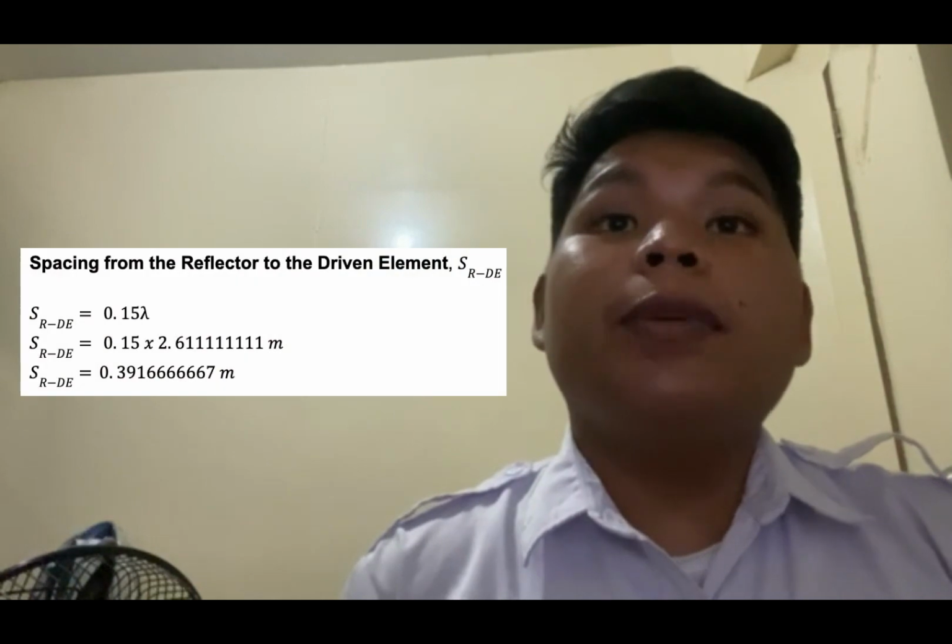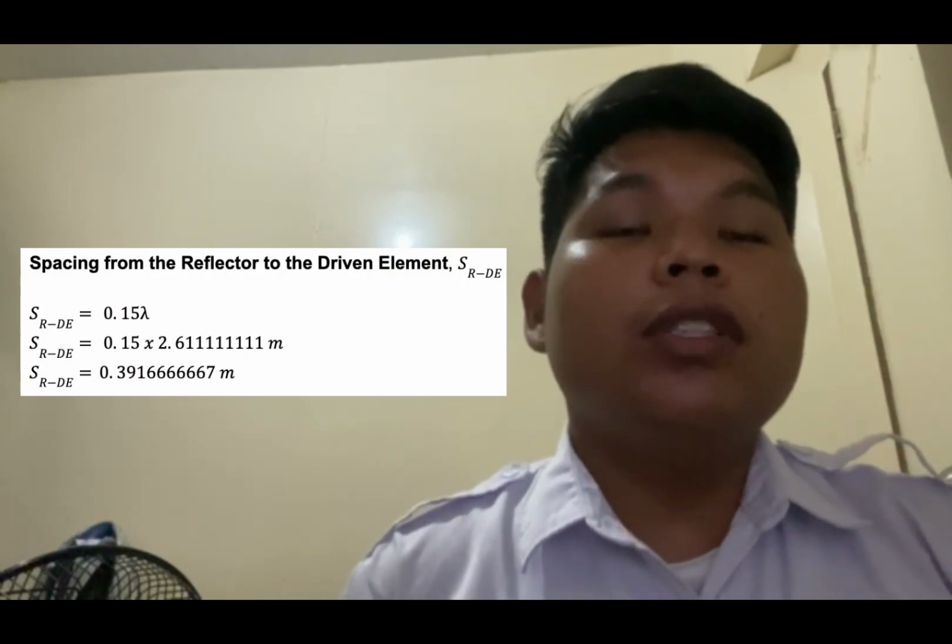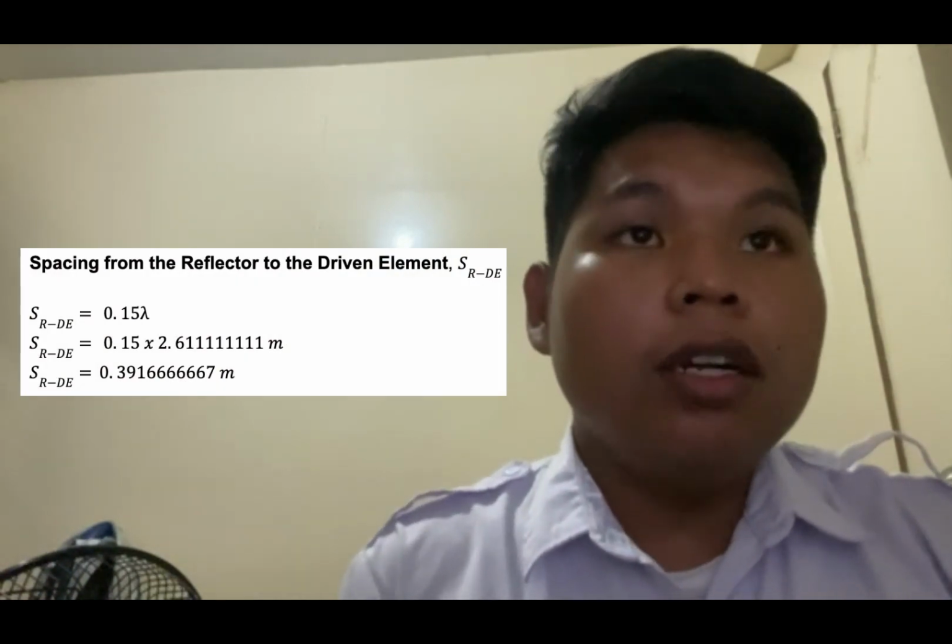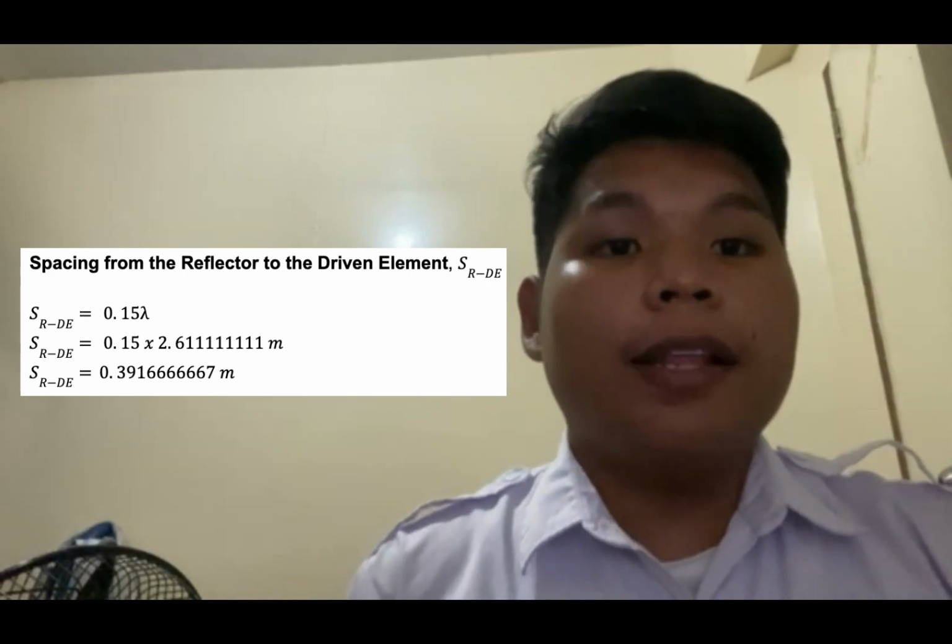With the value of the length of the reflector found, we will now move on to the sixth step in the creation of our antenna, which is finding the spacing between the reflector and the driven element. It's represented by the symbol SR to DE. Its formula is SR to DE equals 0.15 lambda.